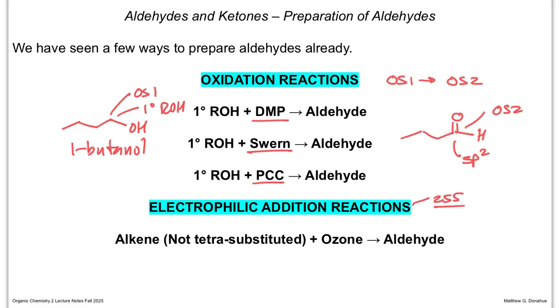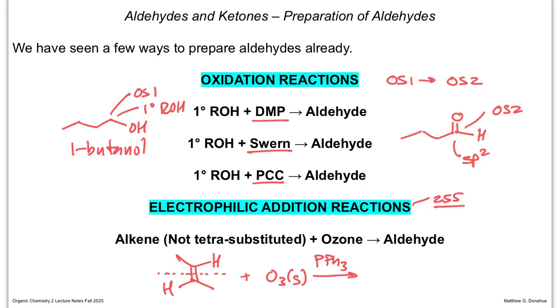So a reaction we saw in organic 1. Say we have an alkene where at least one of the carbons has a CH. We can treat that with ozone gas in the presence of a reducing agent, say triphenylphosphine. And essentially what that's doing is cleaving that double bond.